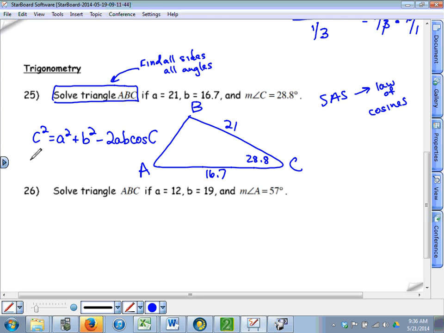If you plug in the known values, c squared equals 21 squared plus 16.7 squared minus 2 times 21 times 16.7 times the cosine of 28.8. This would obviously be on the calculator section because you have to use a calculator for this.